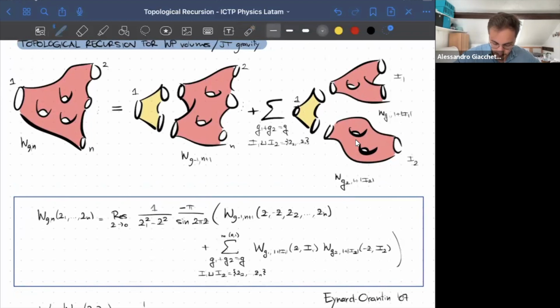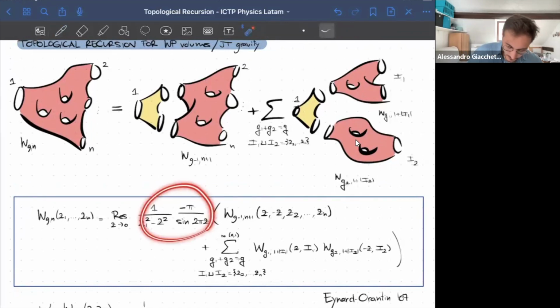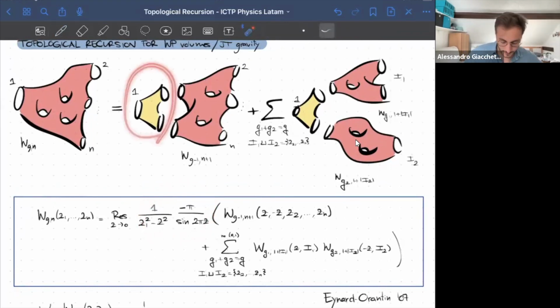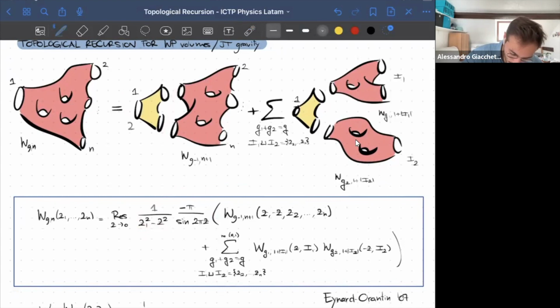You can think of this kernel as something associated to this pair of pants. As I said, this term depends on two variables, but you can actually think of it as depending on three variables. You have z1, which is the first boundary here, and then these other two boundaries attached to it, for which you essentially have the variable z and the variable minus z.